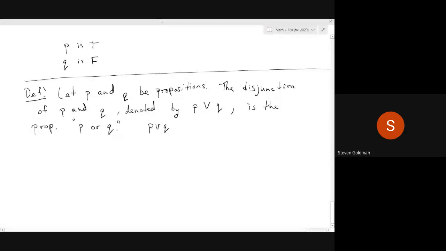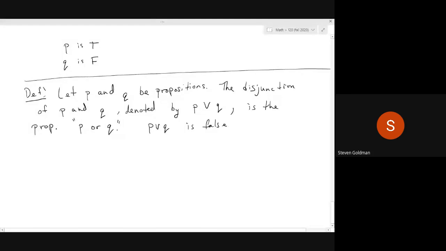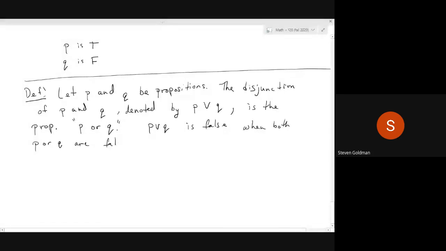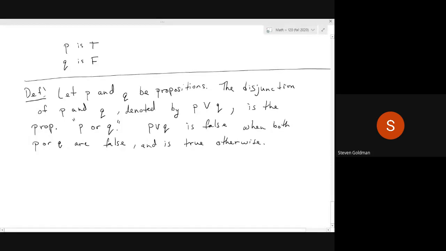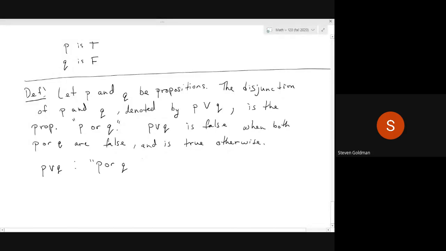So P or Q is false when both P and Q are false, and is true otherwise. Okay, so the disjunction P or Q, I wrote here that it's the sentence P or Q. There's really a little bit more to it though.